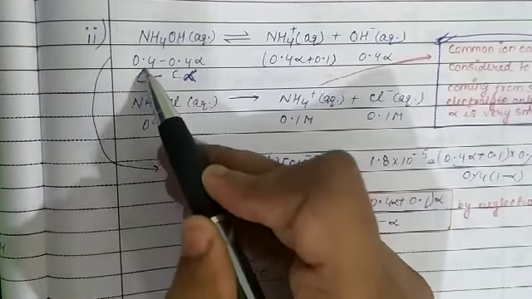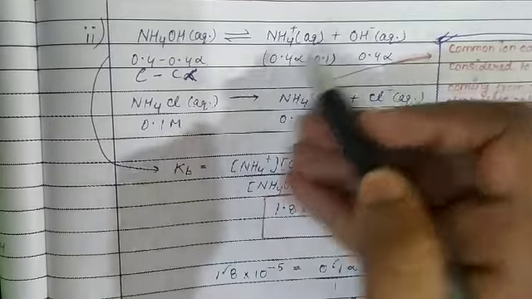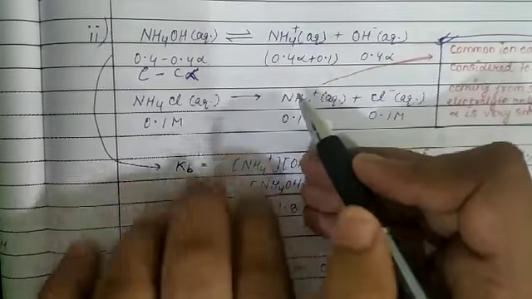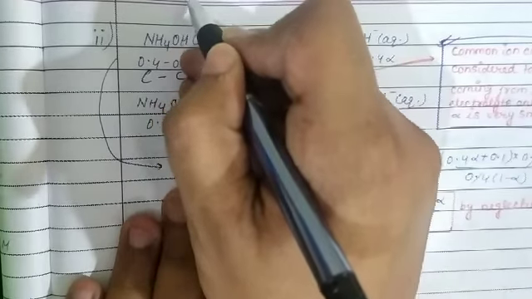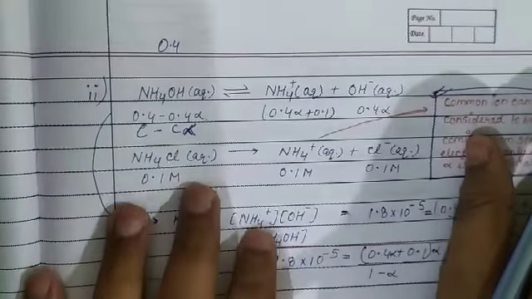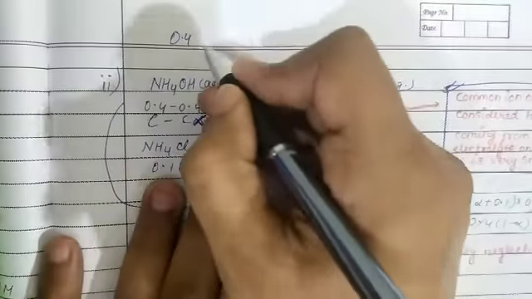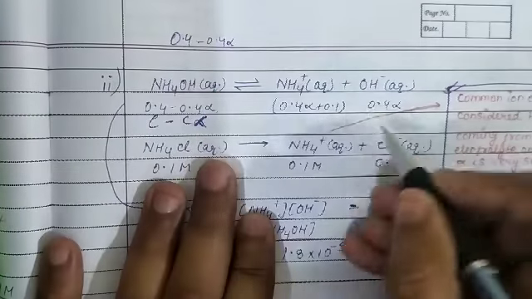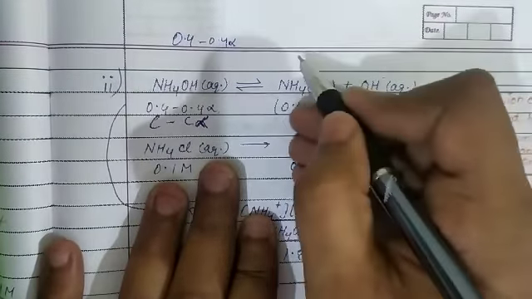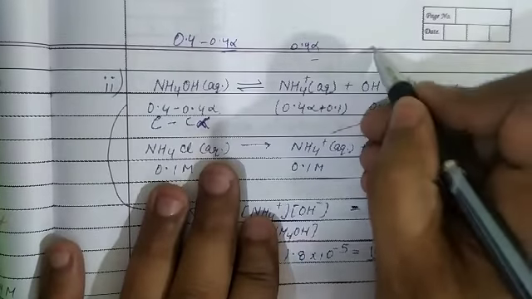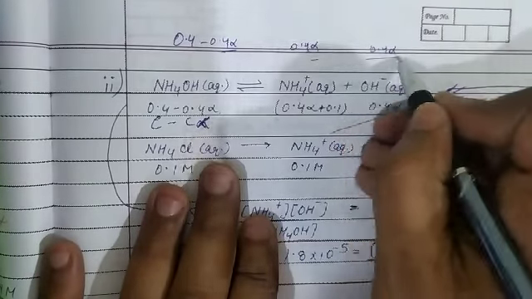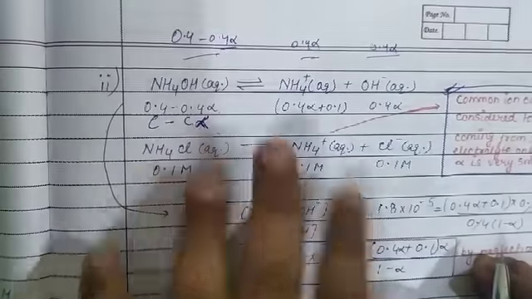C is given as 0.4, so it is 0.4 minus 0.4 alpha. As the ratio is 1:1, NH4+ is also 0.4 alpha, and OH- is also 0.4 alpha. This is the concentration for the weak base NH4OH.